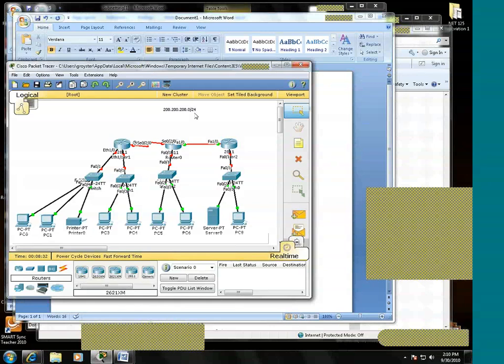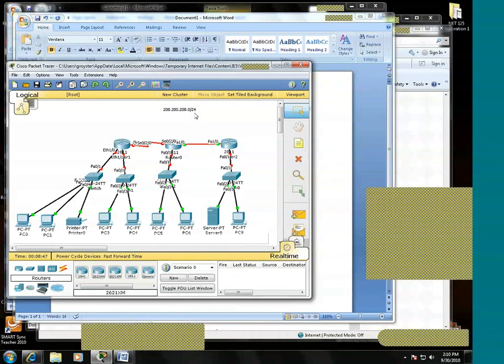Okay, let's assume that our ISP has given us this particular address space. Well, we've got to spread this address space across the networks that we see on the screen. So that's going to require us to do subnetting.